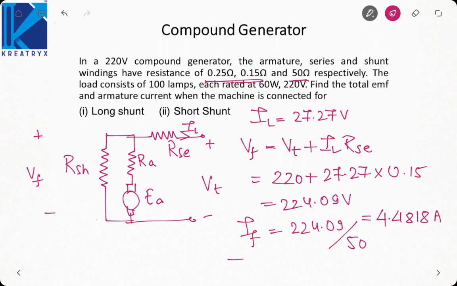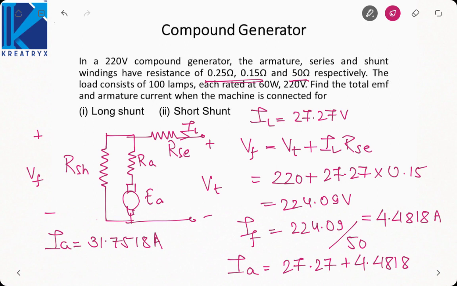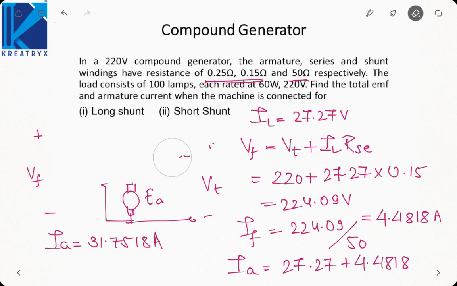Again, just like a shunt machine, IA will be IL plus IF: 27.27 plus 4.4818, which means IA will be 31.7518 ampere.